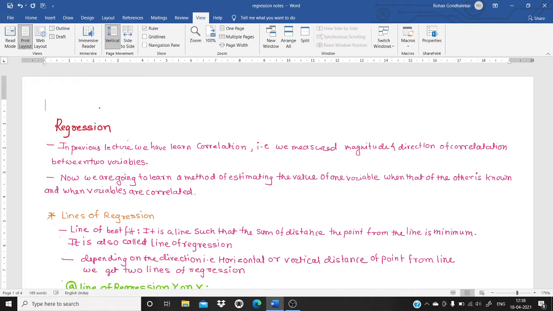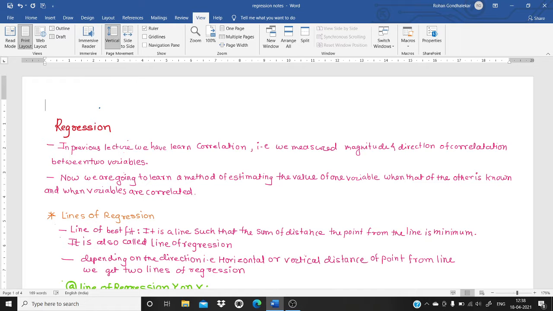But if I provide you the value of x, and ask you to estimate the value of y. Suppose x is rainfall, and I ask you, based on the previous history of data, tell me what will be the yield of the crop. In that case, you need some relationship between x and y determined using the previous data.